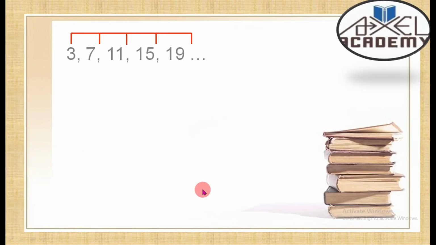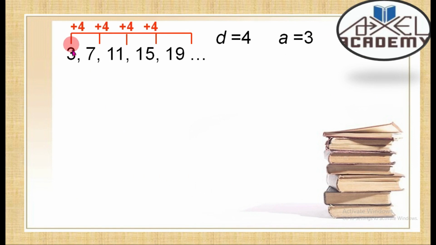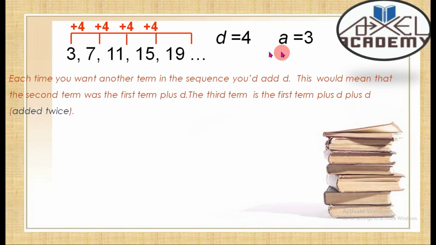Now here we have taken the same sequence as in our previous slide: 3, 7, 11, 15, 19. What is the common difference here? It is 4, and a is 3. So what we have concluded here is that each time you want another term in the sequence, you add d.